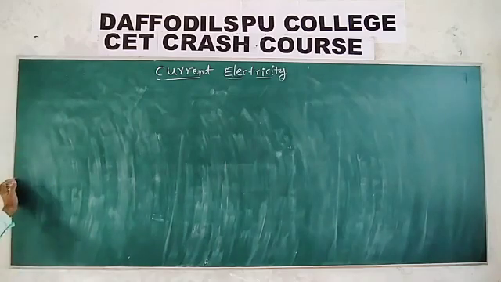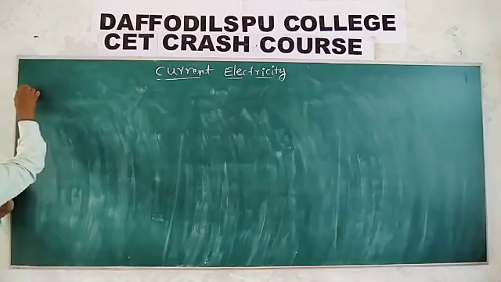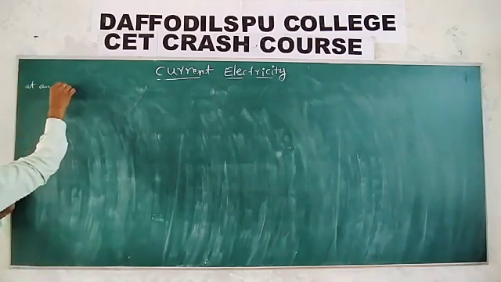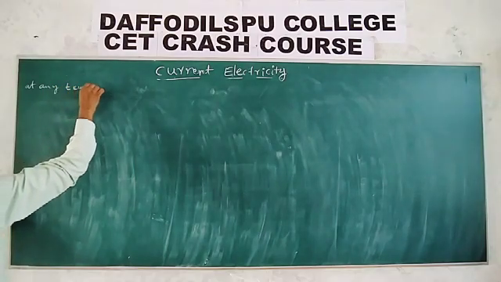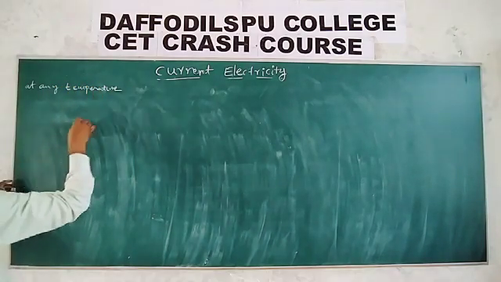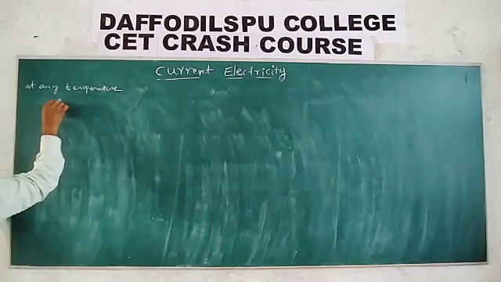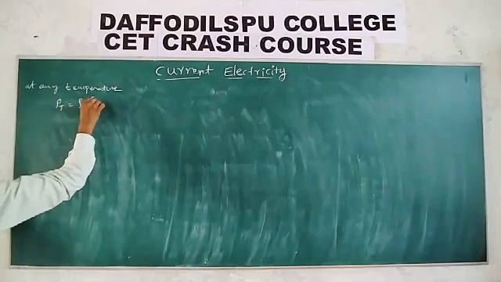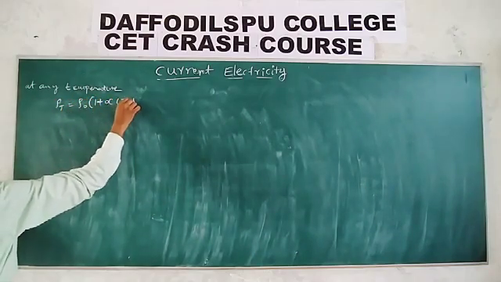How does the resistance vary with the temperature? At any temperature, resistivity rho T is equal to rho naught into 1 plus alpha into T minus T naught.